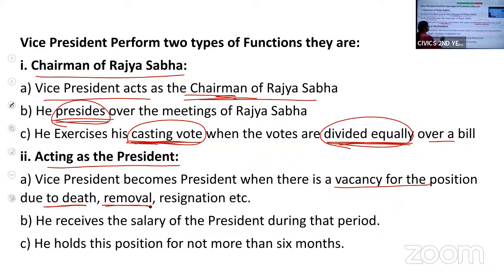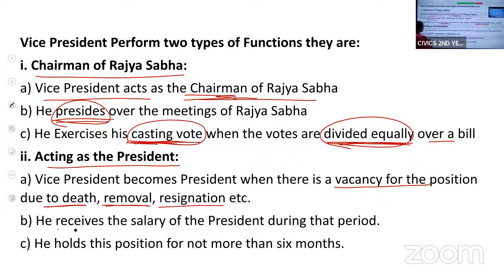And if the president submits his resignation, then the vice president will become the president. So the vice president becomes the president when there is vacancy to the office of the president due to death, removal, or resignation.